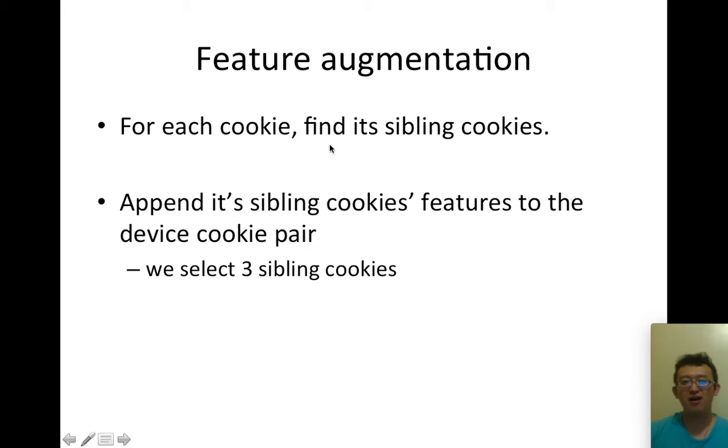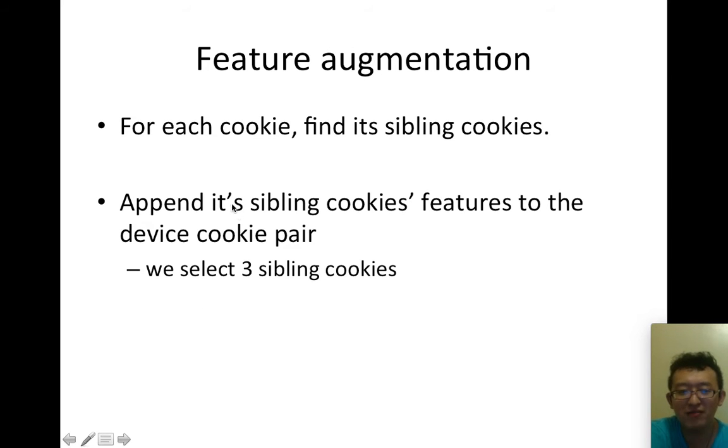After we have all the sibling cookies for each cookie, we can append the sibling cookies' features to each device cookie pair. So if cookie 1 and cookie 2 are sibling cookies, we have a device cookie pair, device 1, cookie 1. We will append cookie 2's feature to device 1, cookie 1. Likewise, we will append cookie 1's feature to device 1, cookie 2.